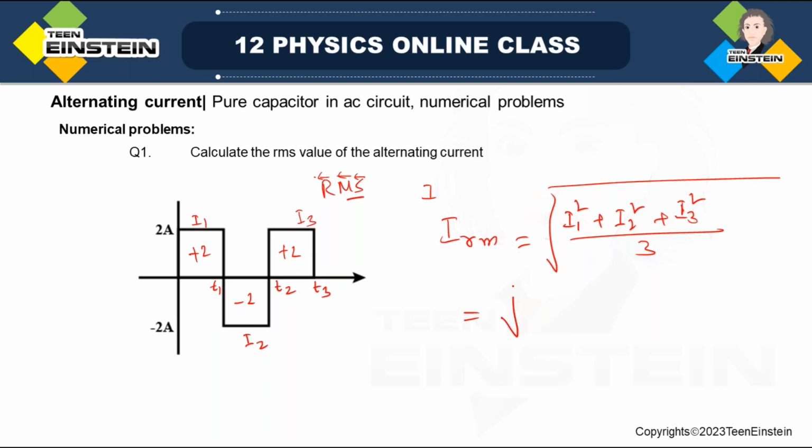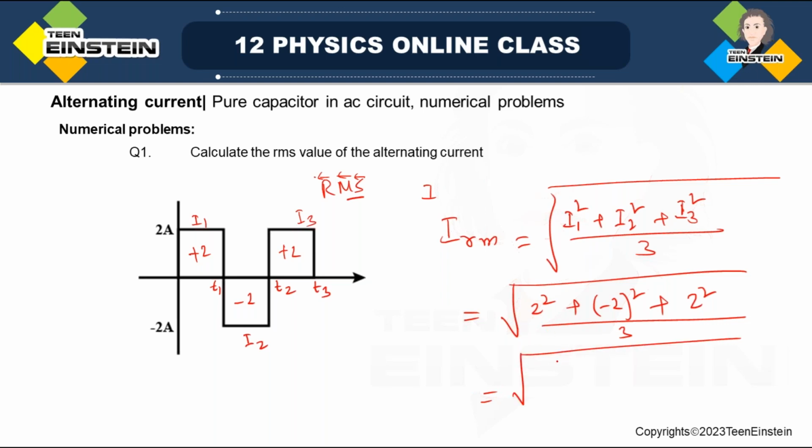So this is 2 square plus minus 2 whole square, here again 2 square, divided by 3. Then you get 4, 4 and 4 divided by 3.